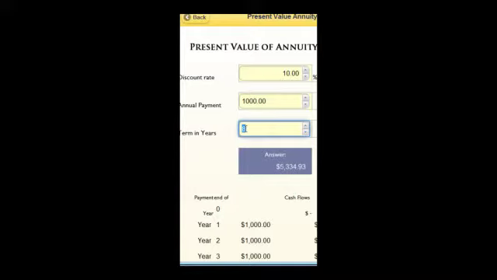Again, you see, this is very intuitive. If you understand what an annuity is, you put in a discount rate, let's say of 9%, and then you make your term, let's say it's a 10-year term, and you'll calculate a new figure on that, $6,417.66.